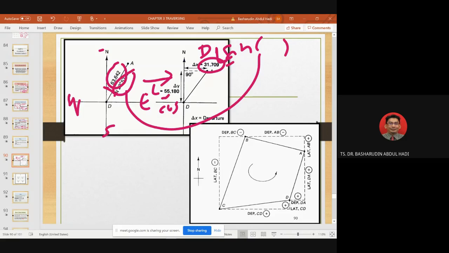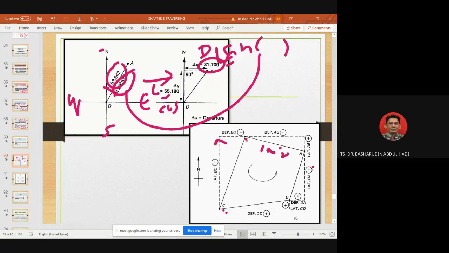Okay. So I think you can see this concept also. Normally we use a bearing from north, for example, A to B maybe 45 degree. B to A maybe something like 100 degree 20 minutes.